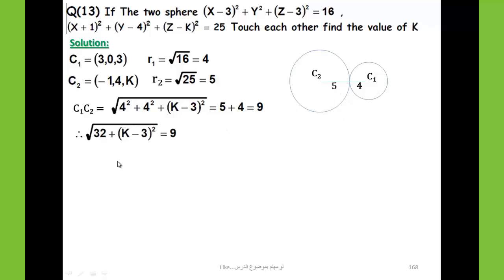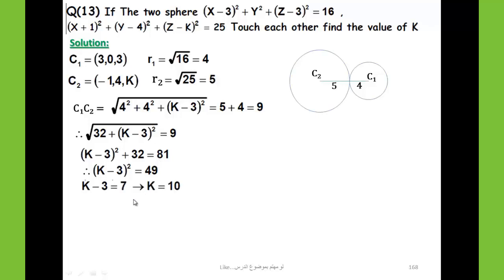So we can write 4 square plus 4 square, it's 32. The square root of (32 plus (k minus 3) square) equals 9. By squaring the two sides, (k minus 3) square plus 32 equals 81. So (k minus 3) square equals 49.